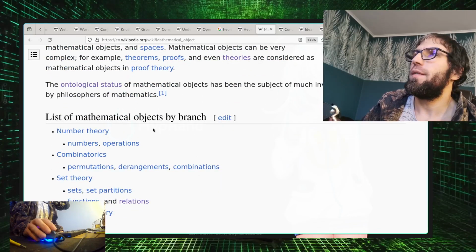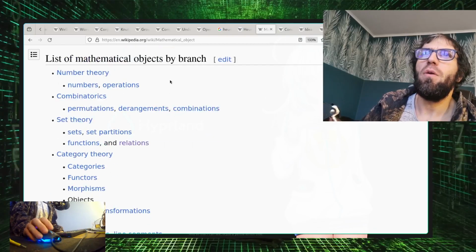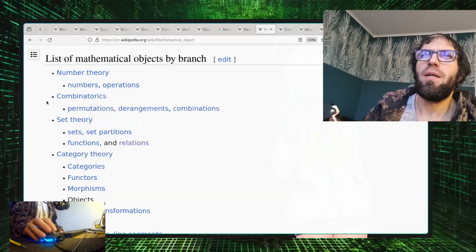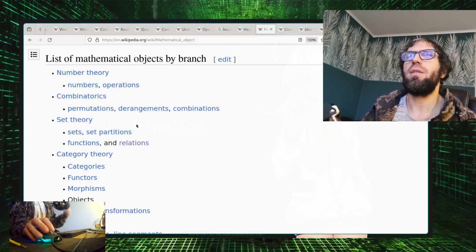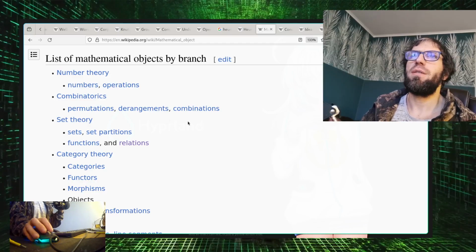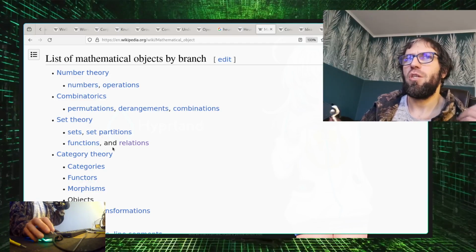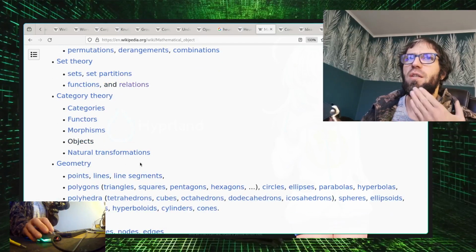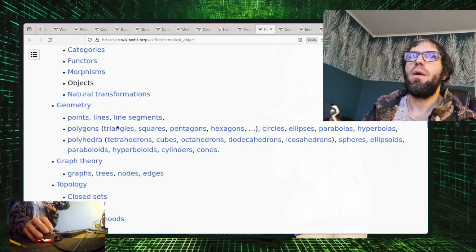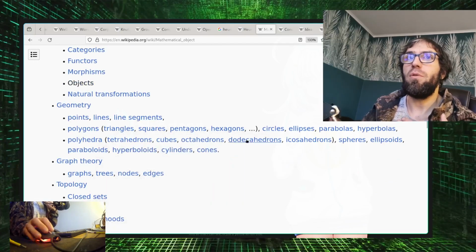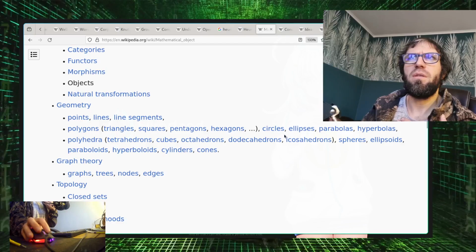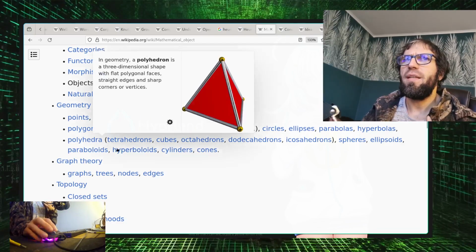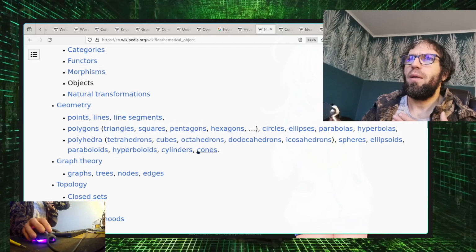And here we can see a very big list of mathematical objects by branch. Number theory: numbers and operations. Combinatorics: permutations, derangements, combinations. Set theory: set partitions, function relations. Category theory: categories, functor, morphism, objects, natural transformations. Geometry: points, lines, line segments, polygons, triangles, hexagons, circle, ellipses, parabolas, hyperbolas, polyhedra, so many of them here.